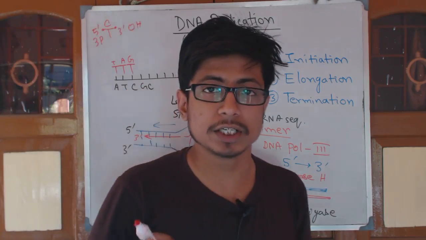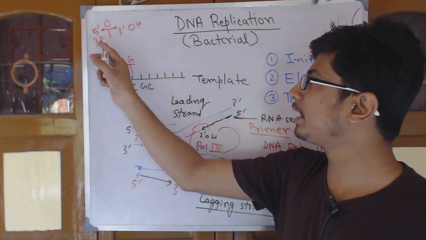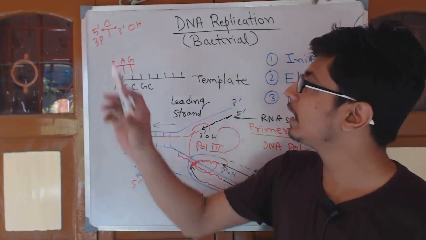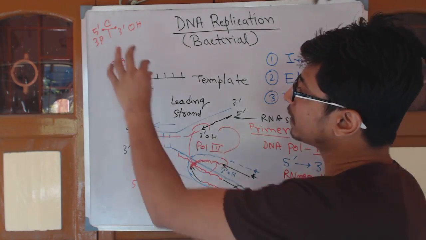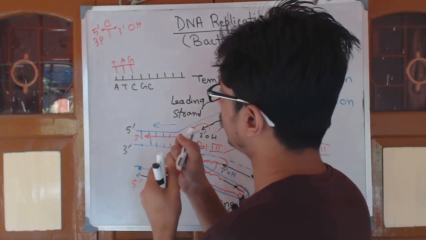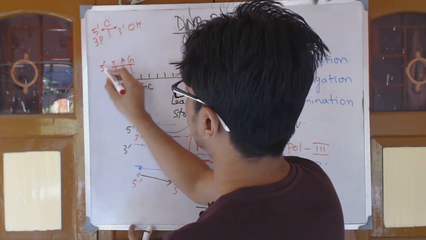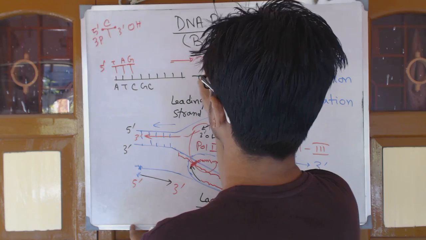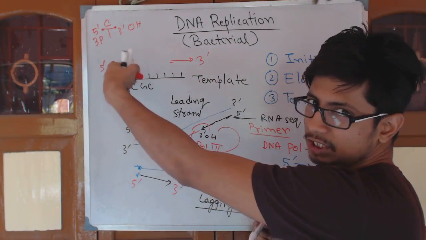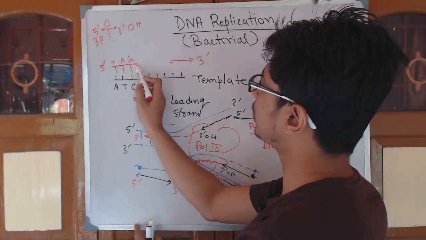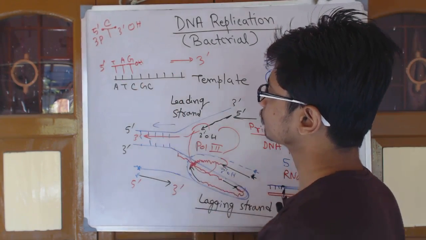The chemical nature of a nucleotide: at the 5 prime end three phosphate groups, at the 3 prime end one hydroxyl group. As you know, we can synthesize from 5 prime towards 3 prime, right? So in this guanine, we have a 3 prime hydroxyl left here.